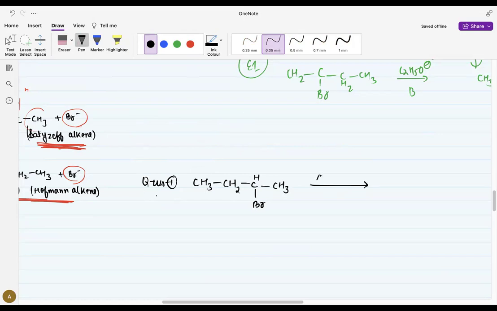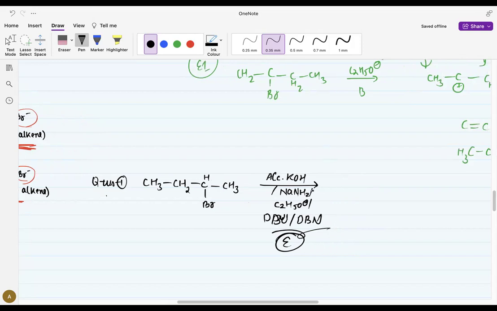So if I put in this reaction alcoholic KOH or NaNH2, all of which I have told you, if I have these compounds written on my arrow, you will always do what? Elimination. You have to always do elimination. So elimination कैसे करते? You should know that for elimination you should always have beta hydrogen. So you can take beta hydrogen from this side or this side, है ना?